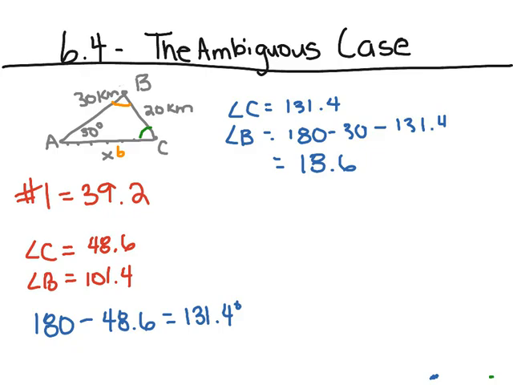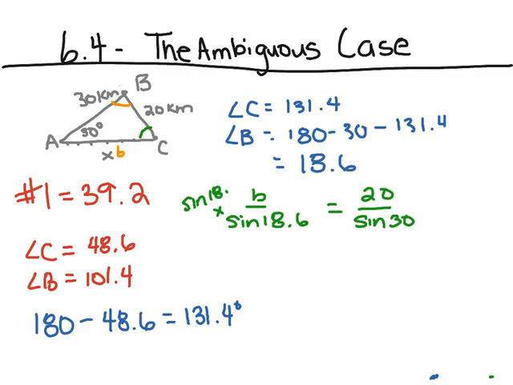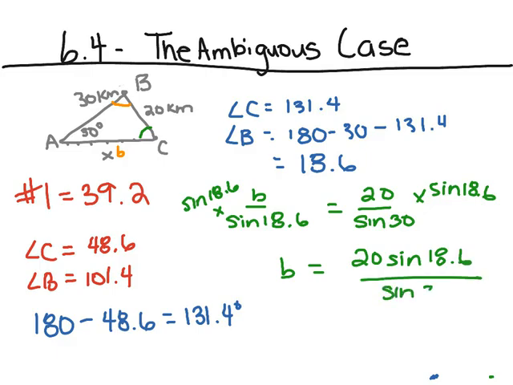So B over the sine of 18.6 is equal to 20 over the sine of 30 for our A values, times both sides by sine of 18.6, and we get B is equal to 20 sine 18.6 divided by sine of 30, and our final answer should be, to one decimal place, 12.8 kilometers.